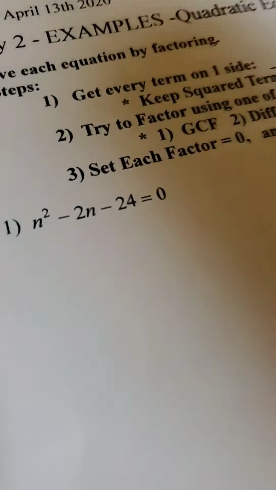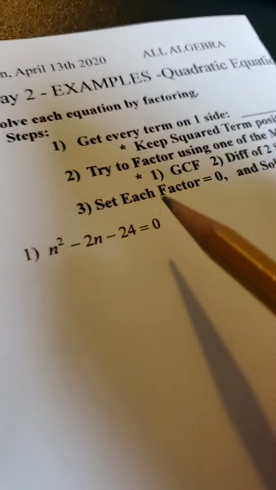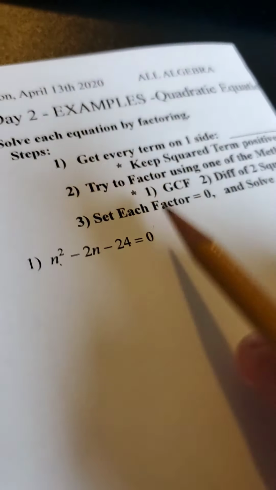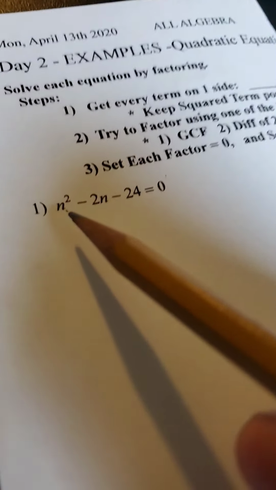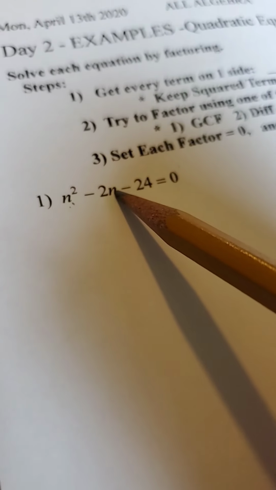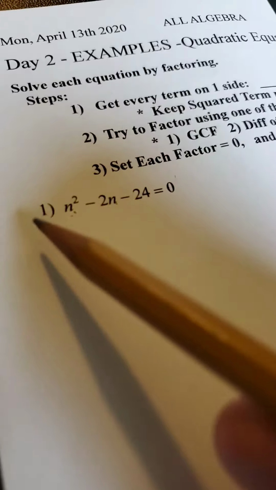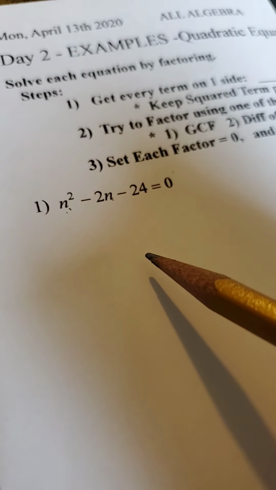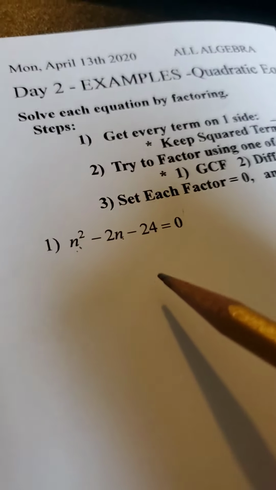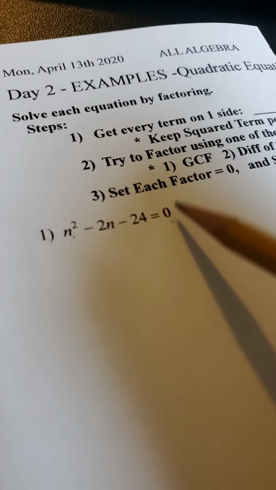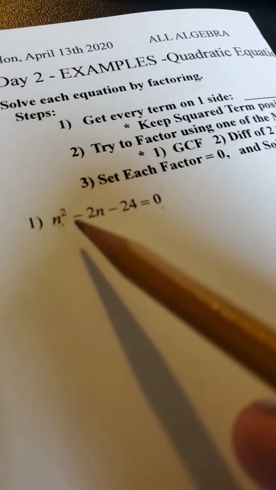Okay, first, this was like last Friday's. Step 1, when you see an n squared equation, try to get everything on one side. The difference here, again, from last Friday is when you have an n squared and an n, you cannot combine like terms and get this down to one term. So you can't solve it like you have in the past. What you do instead is you get everything on one side, 0 on the other. Then try to factor using one of our methods.